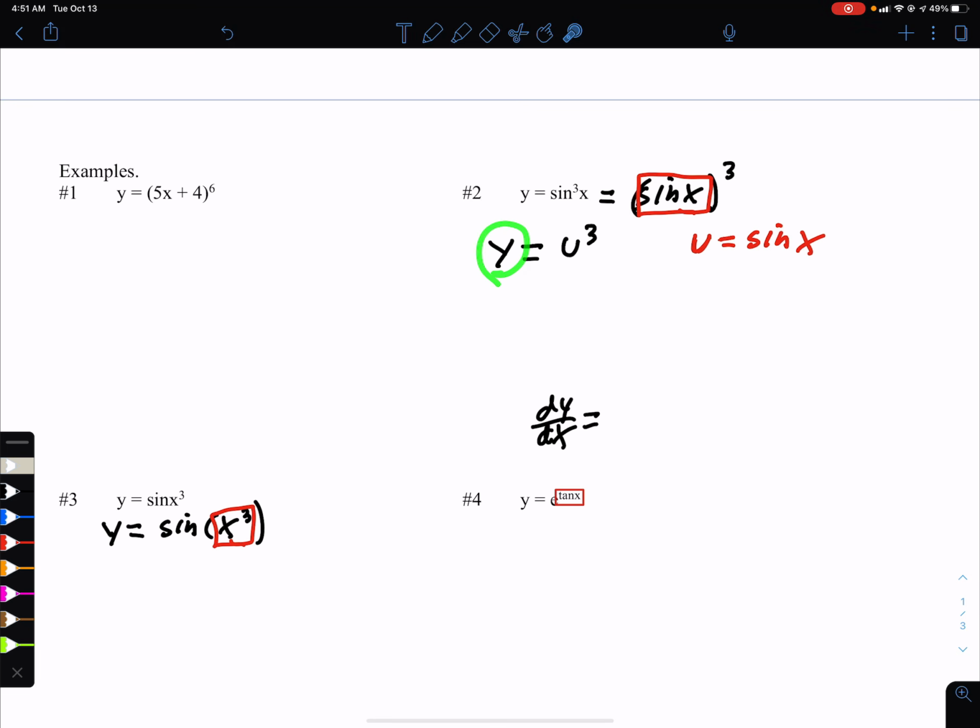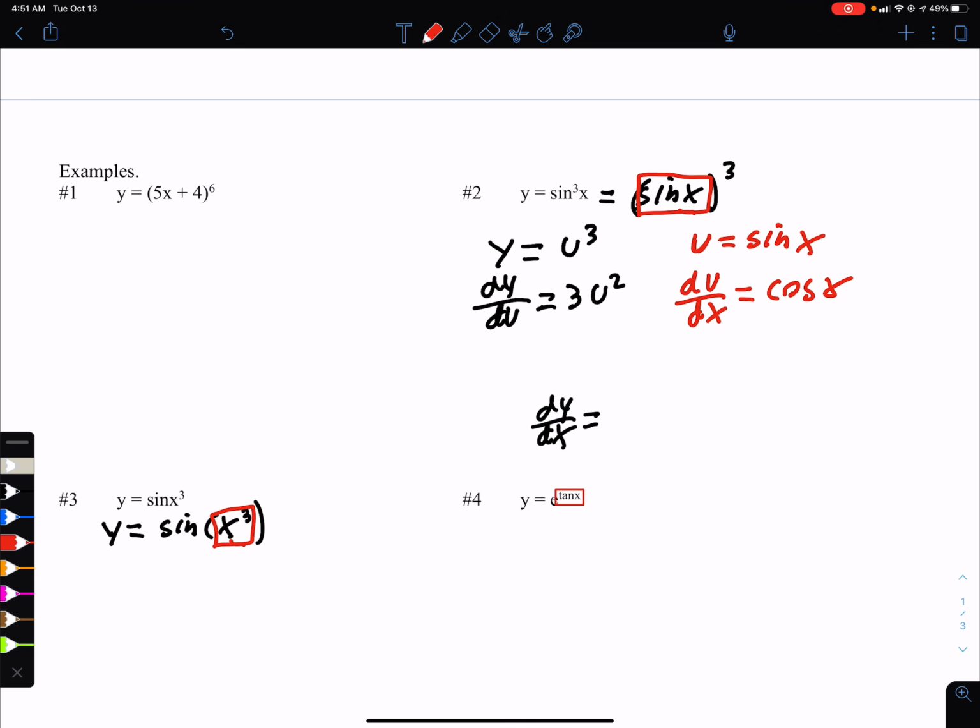We can find the change in y compared to the change in u. We can find dy du is 3u squared. And here, our function is u, our variable is x. We can find the change in u with respect to the change in x, and that's going to be cos x, because you learned that in the last lesson, two lessons ago.